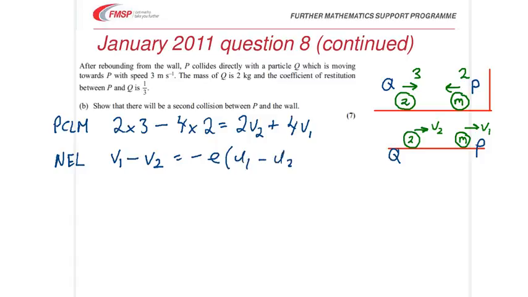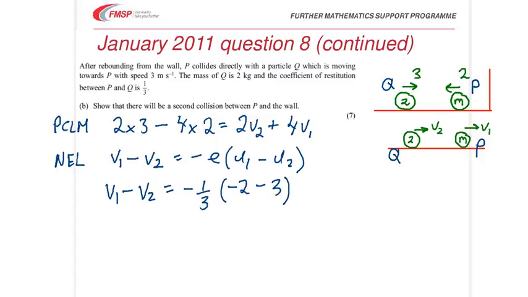That's how I usually quote Newton's experimental law. The speeds afterwards, subtracted, is minus e times the speeds before impact, subtracted in the same order. It's a fairly safe way of applying the NEL. In this case then, it gives us V1 minus V2 is minus a third, be careful with the signs here, times minus 2 minus 3.